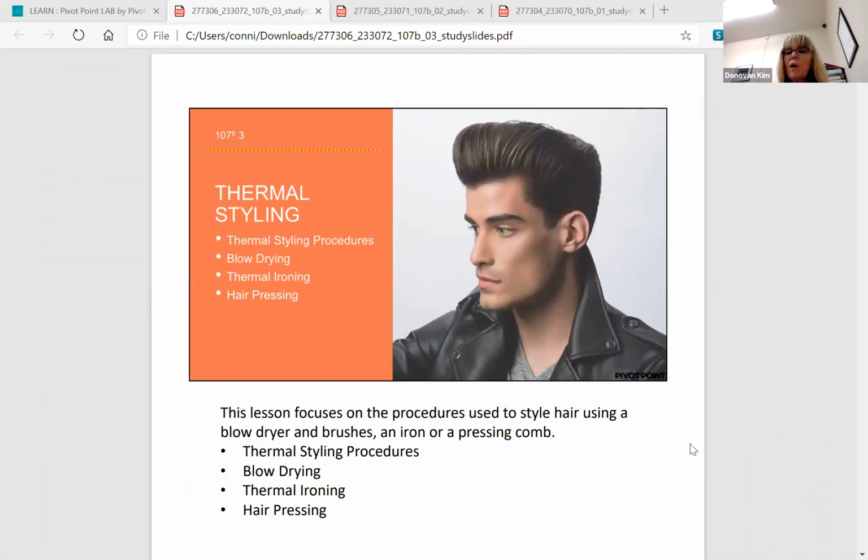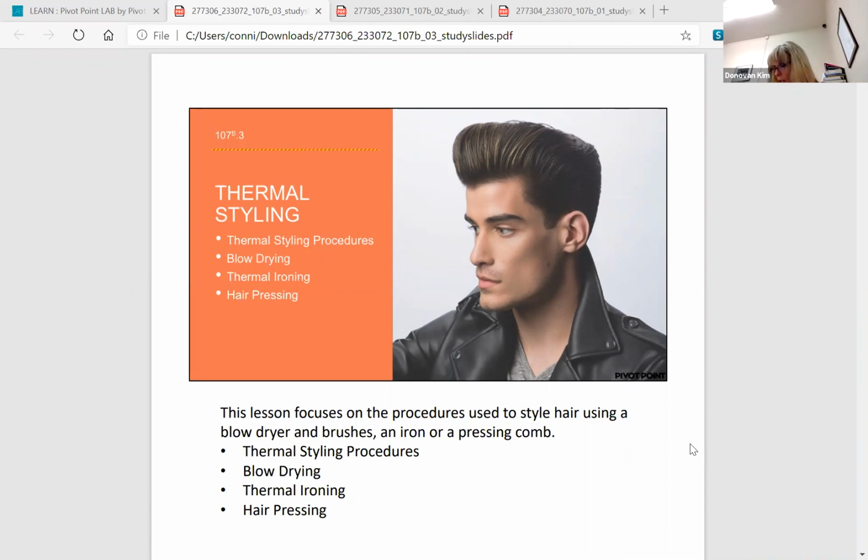Your hydrogen bonds are physical bonds that are weakened or broken with water or heat. When the hydrogen bonds are broken or weakened, they're able to shift into temporary new positions. Once that happens, after blow drying or thermal curling, the bonds are reformed into the new configuration and the hair cools, but it's only temporary, right?